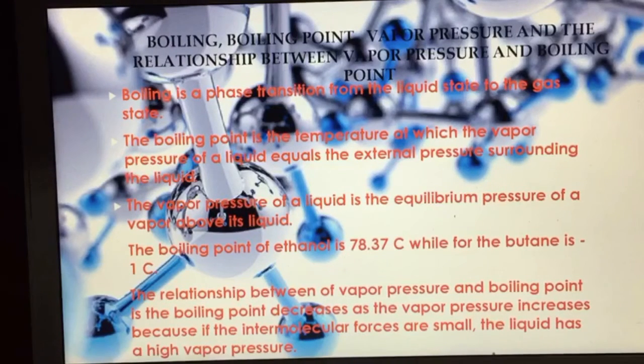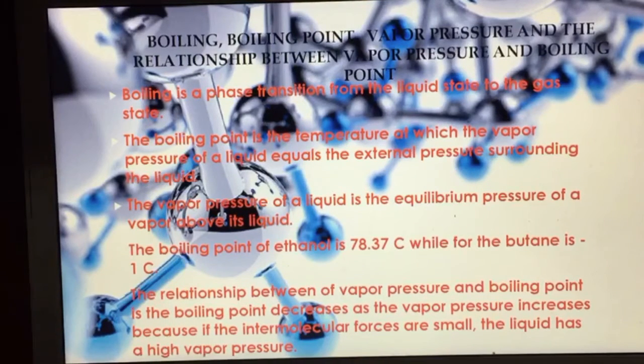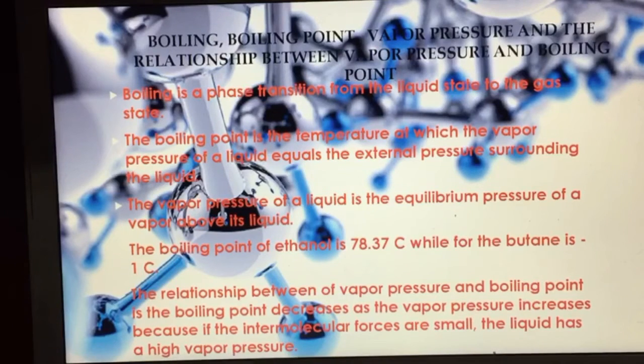The boiling point of ethanol is 78.37 Celsius, while for butane it is -1 Celsius. The relationship between vapor pressure and boiling point is that the boiling point decreases as the vapor pressure increases, because if the intermolecular forces are small, the liquid has a high vapor pressure.